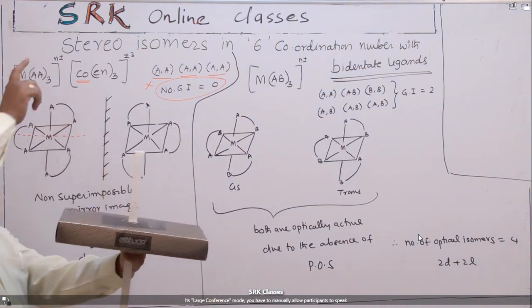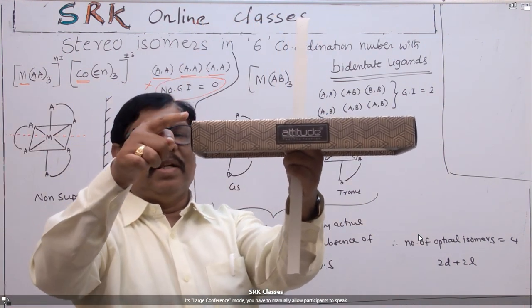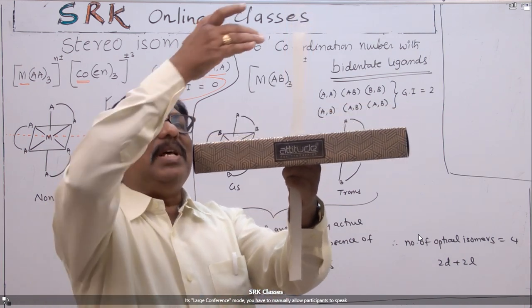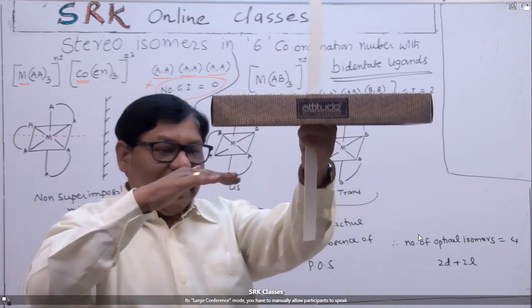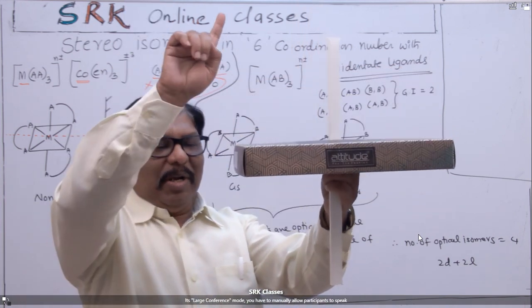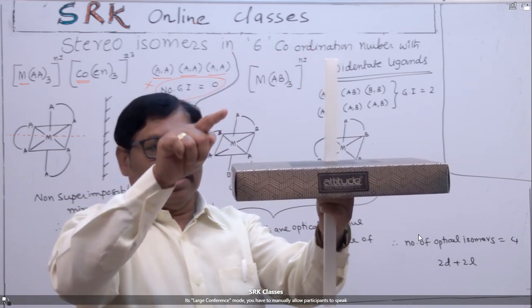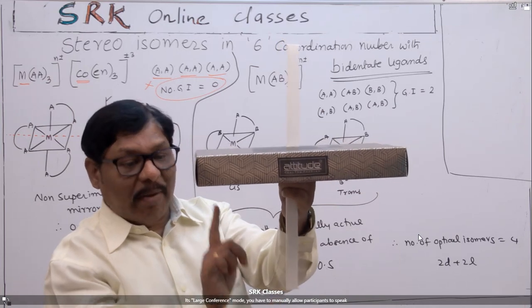A and A is connected, so this is one end, this is the other end. Next, A and A is this way. So these are not in one plane. If I bisect, one will be above, another will be below. I'll repeat once again. A and A, this is the upper part. Now the second one, B and B, is the lower part.